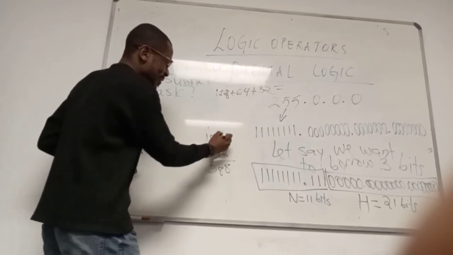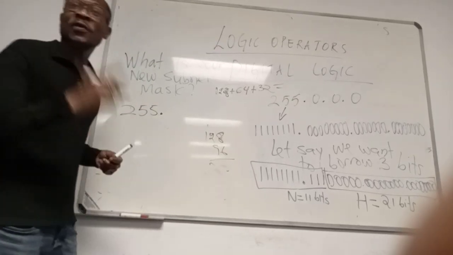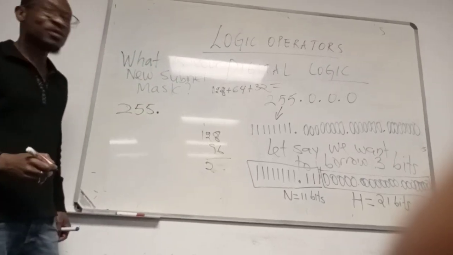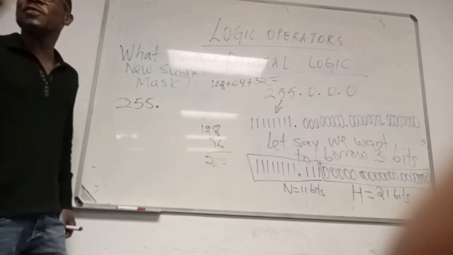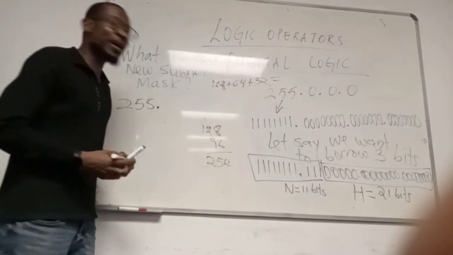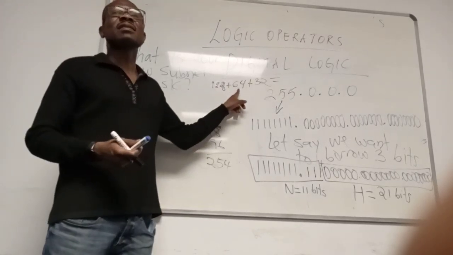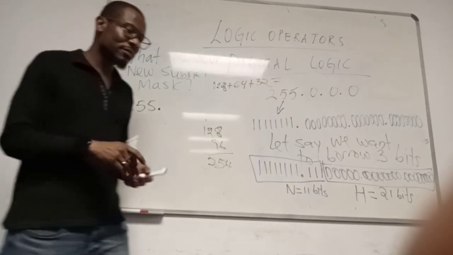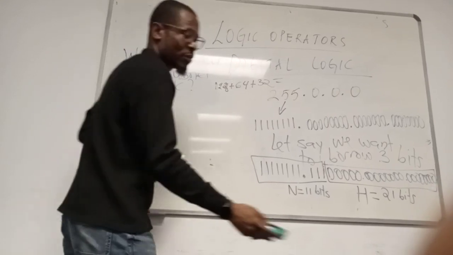That's why. 128 plus 96 is what? 250? No. 254. Okay, 254. Hey guys, don't be wrong. 128 plus 64 plus 32 is what? 224. 224. Yes. Are you sure?